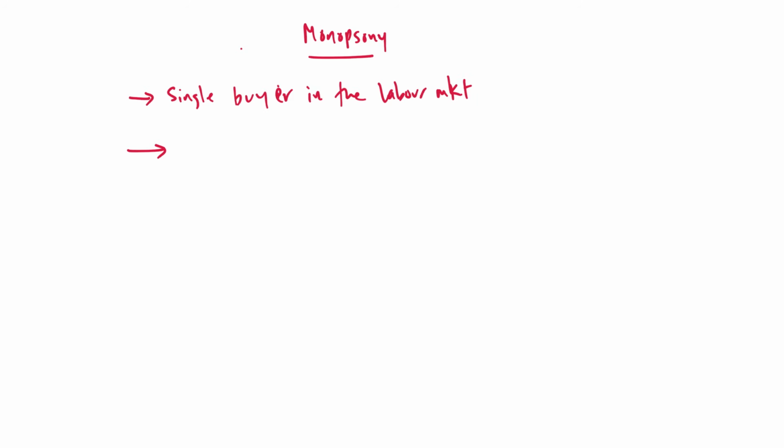So in other words, you would attract people from other industries into your industry, because you're the only employer out there. And that's why, in such a case, you have what we call an upward sloping supply of labor. What do we mean by this?